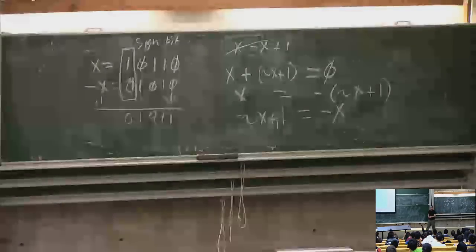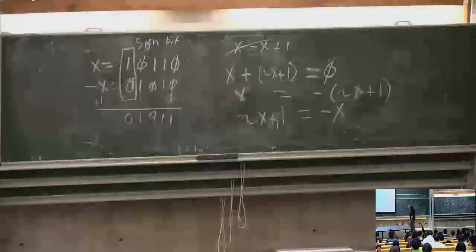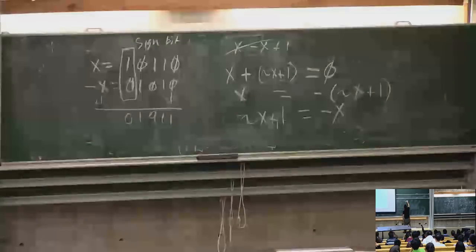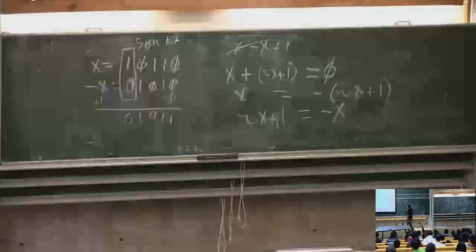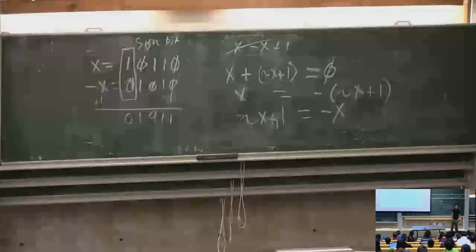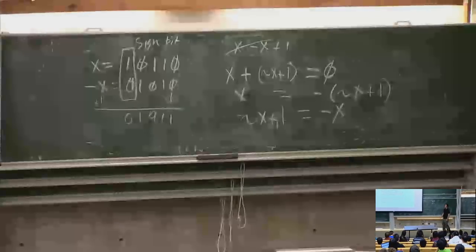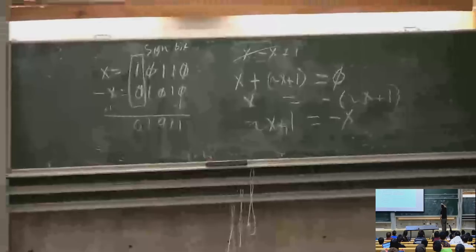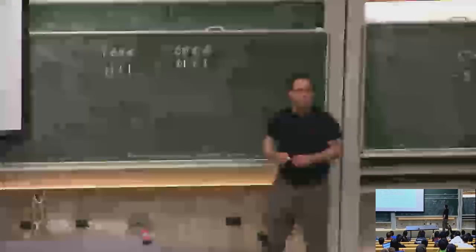This says that we have negative numbers ranging from 1, 0, 0, 0, or whatever, to 1, 1, 1, 1. We have non-negative numbers ranging from 0, 0, 0, 0 to 0, 1, 1, 1.